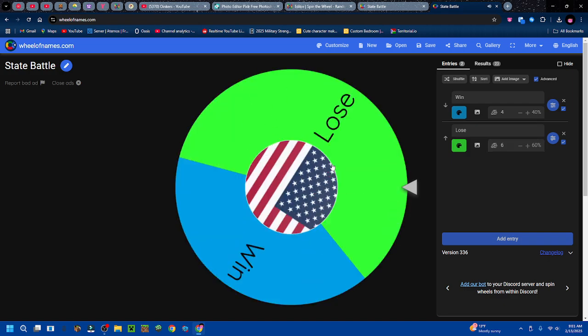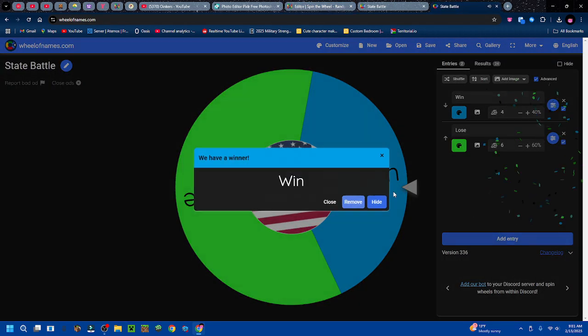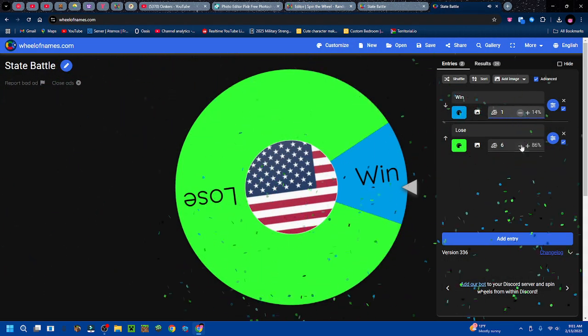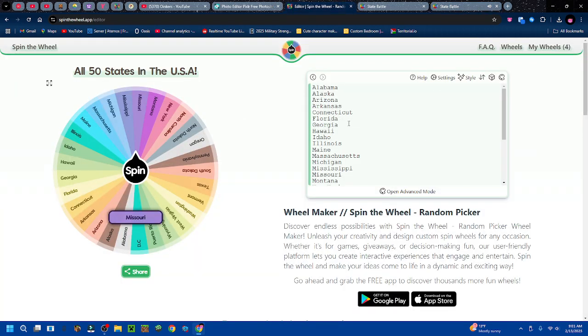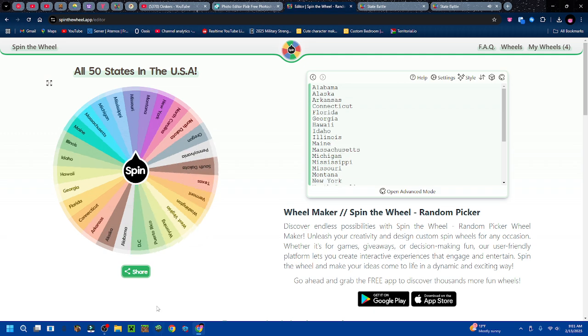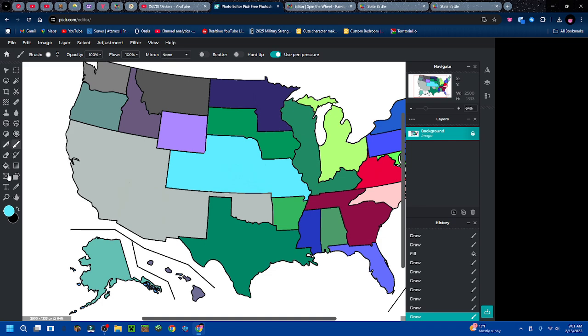Who's gonna win? Looks like it's actually going to be Missouri who wins. That is insane. Missouri wins against Arizona. That is insane. There is now a central power. That has nothing to do with World War II, but there's a new power in the lead. Just took over Arizona.